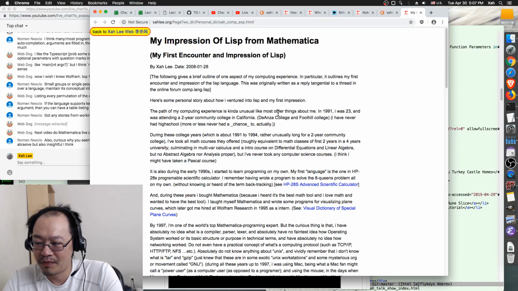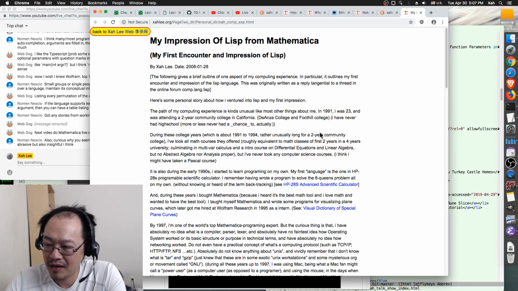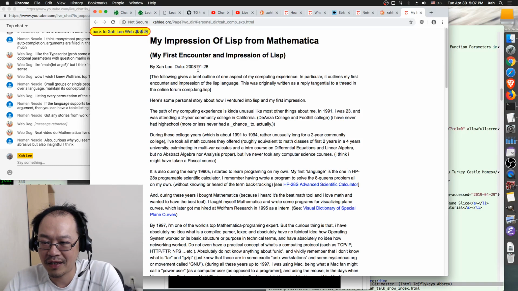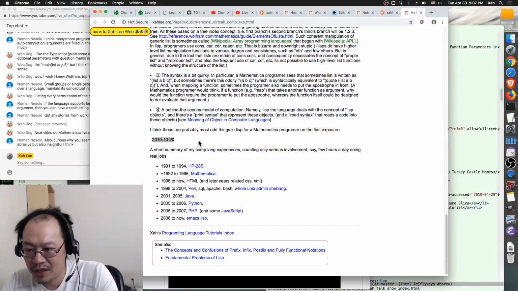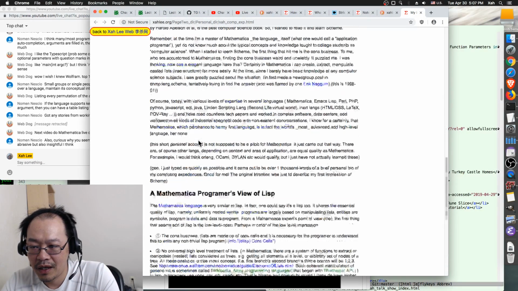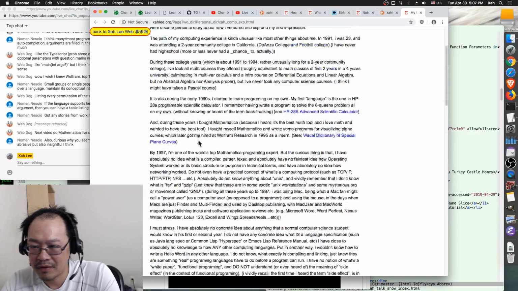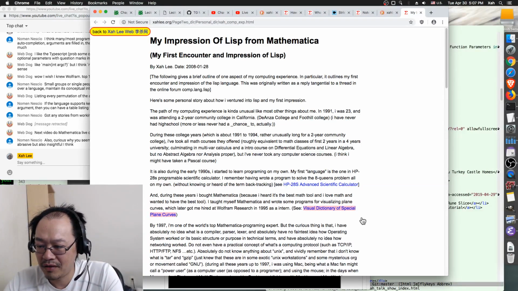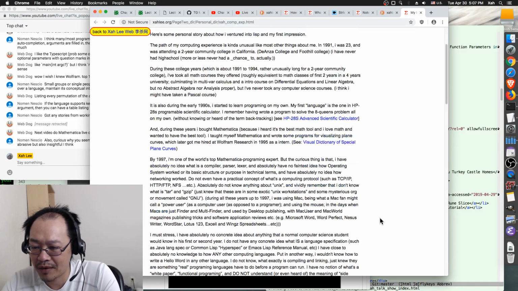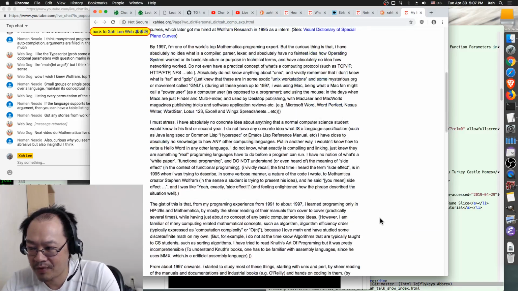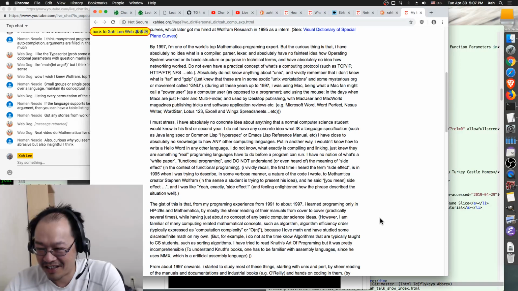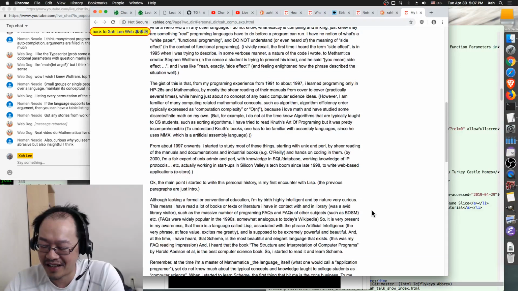This article was written in 2008. Actually, I think it was written much earlier than that. But anyway, you can see some of my history and my impressions of Lisp. Basically, it sucks compared to Mathematica. Yeah, it's true.